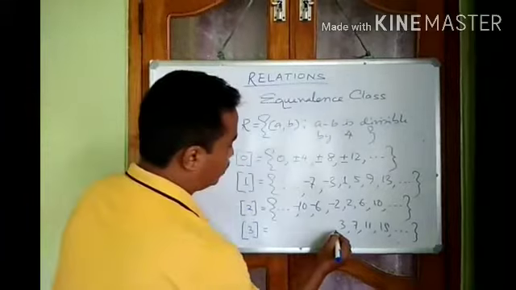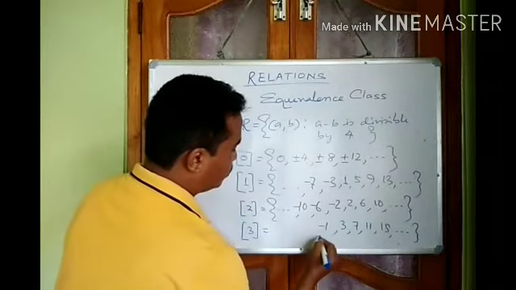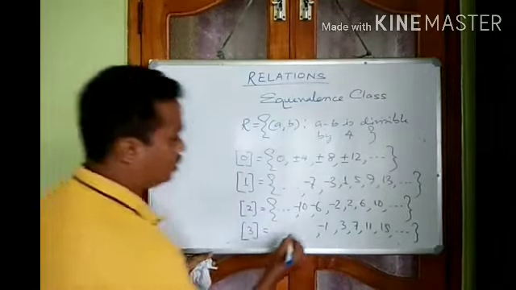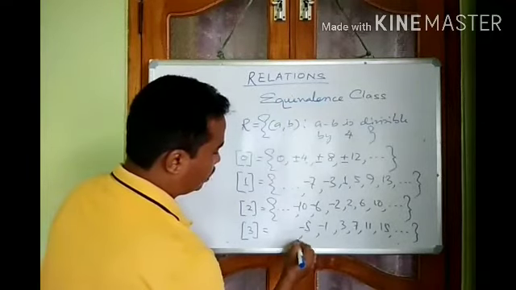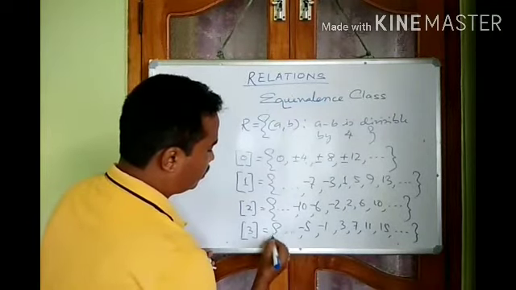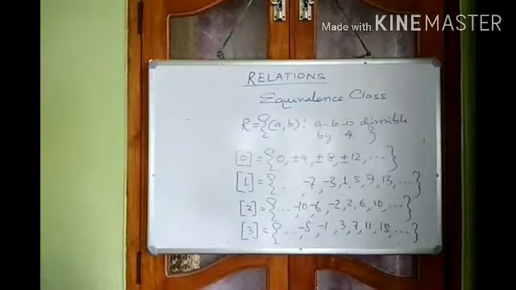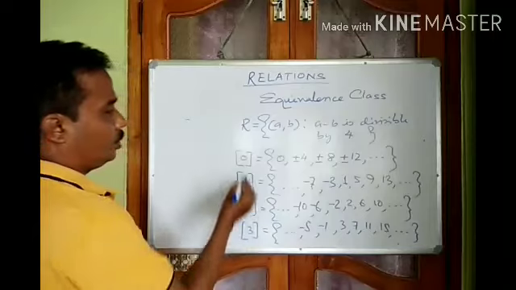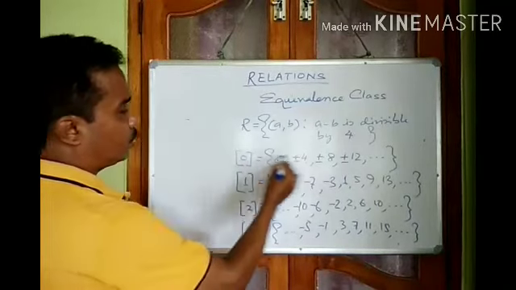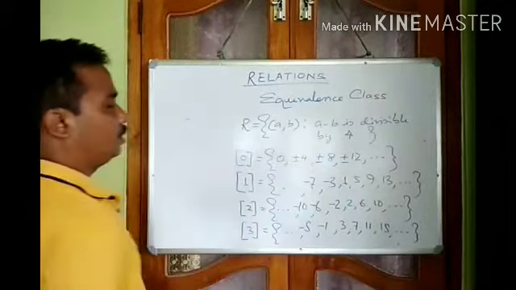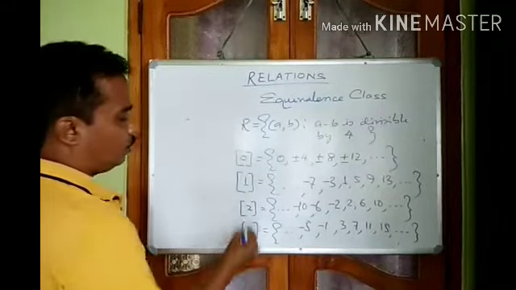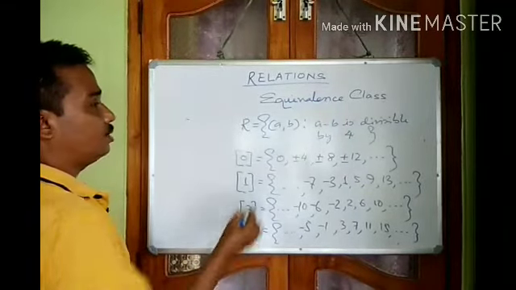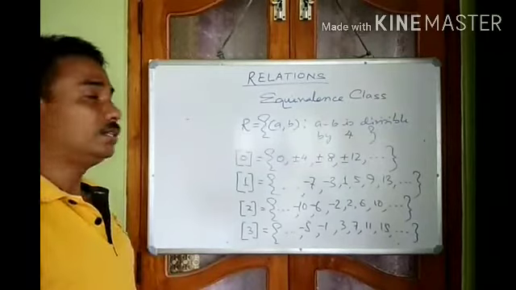This side 3 minus 4 is minus 1, minus 1 minus 4 is minus 5, and so on. So if we take the equivalence class due to 4, it will coincide with the first one. So here we have got 4 equivalence classes due to this equivalence relation.